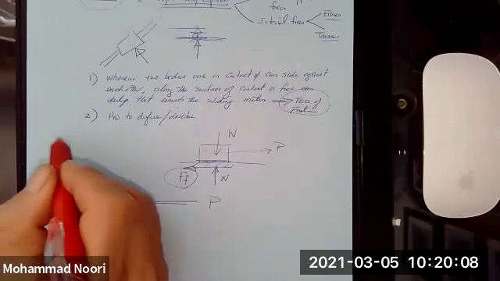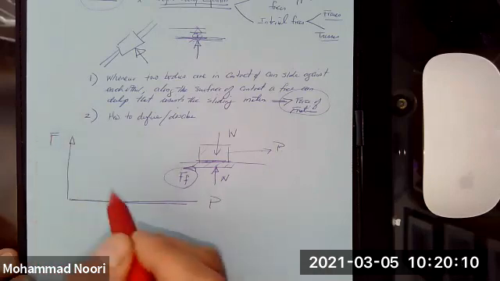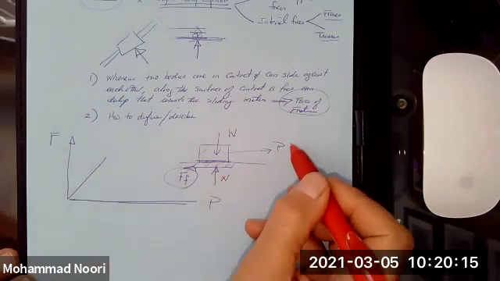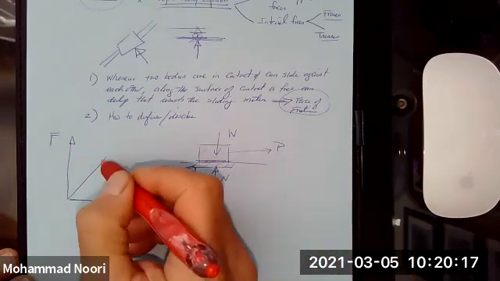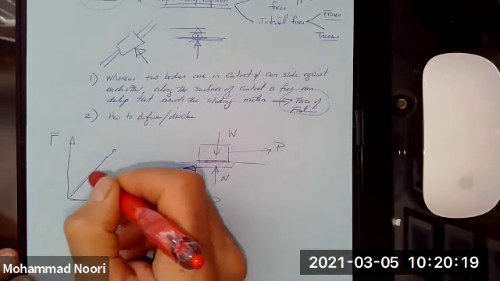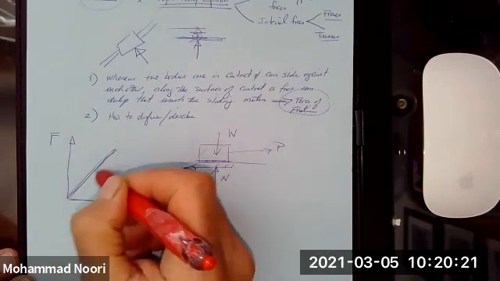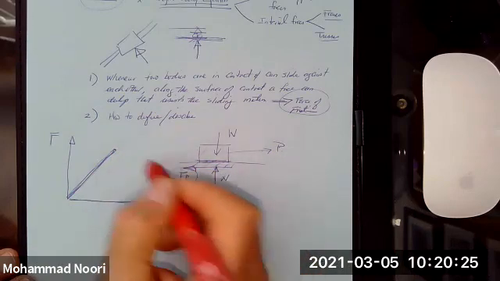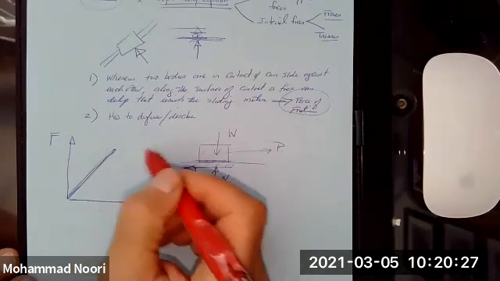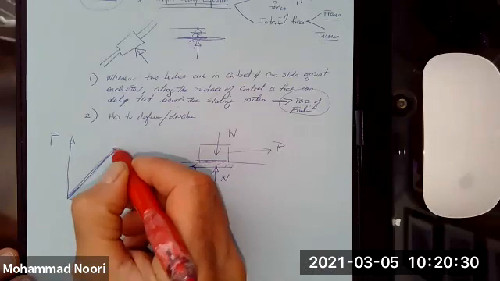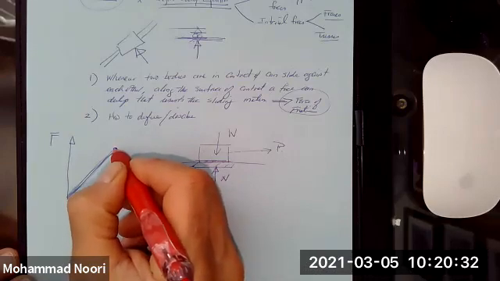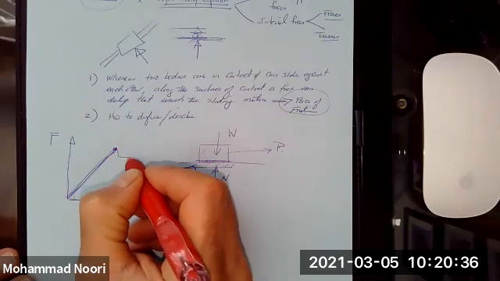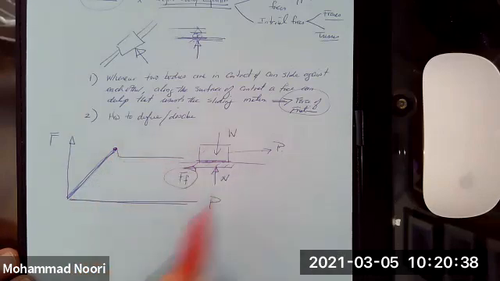When you are applying a load, this force is going to increase as load P increases, and this increase first is linear. Then as you keep on increasing it, you get to a point where this force slightly drops, and from that point on presumably stays constant.